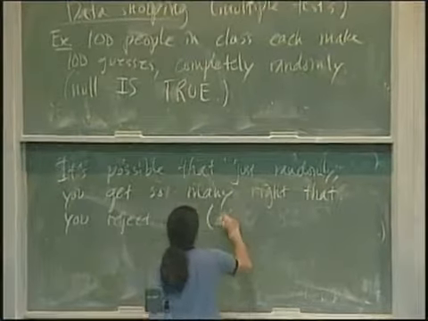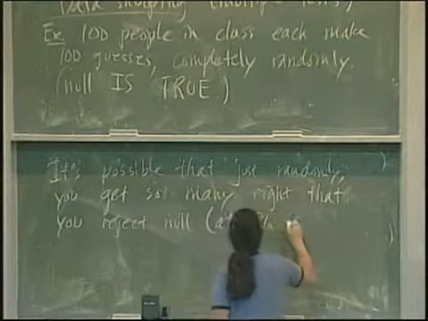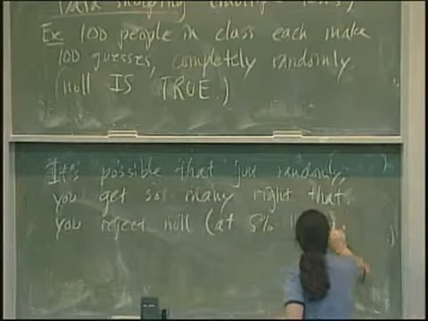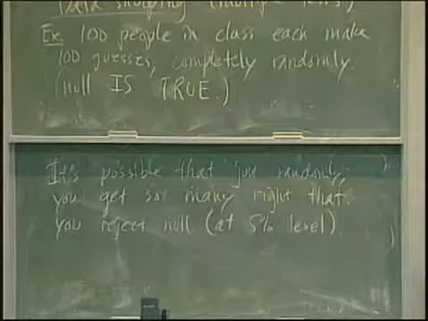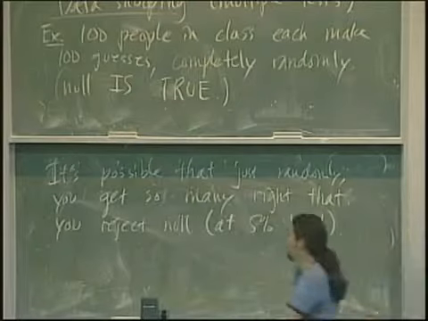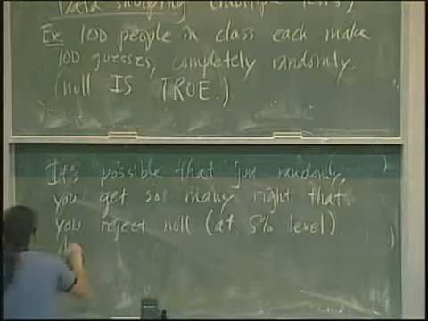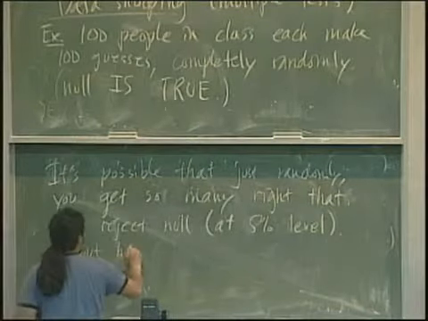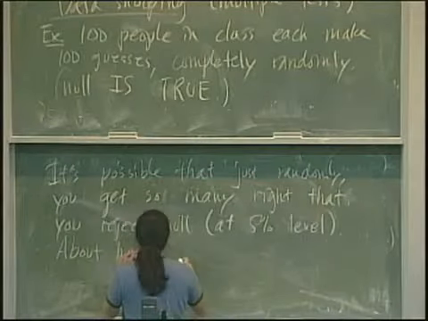And I'll say reject null at 5% level, okay? So reject null at 5% level means you got a p-value less than 5%, right? So the question is, about how many people will this happen to?